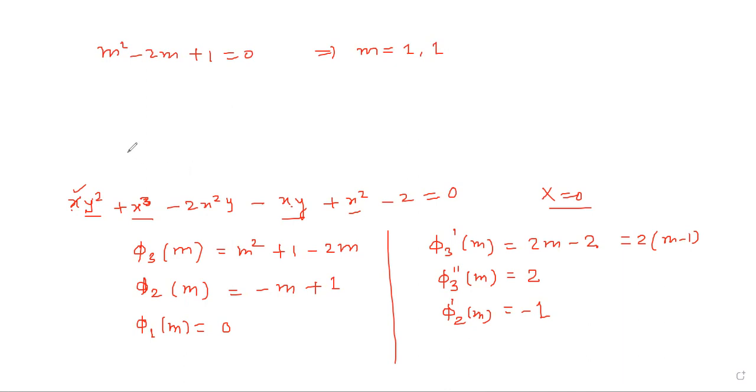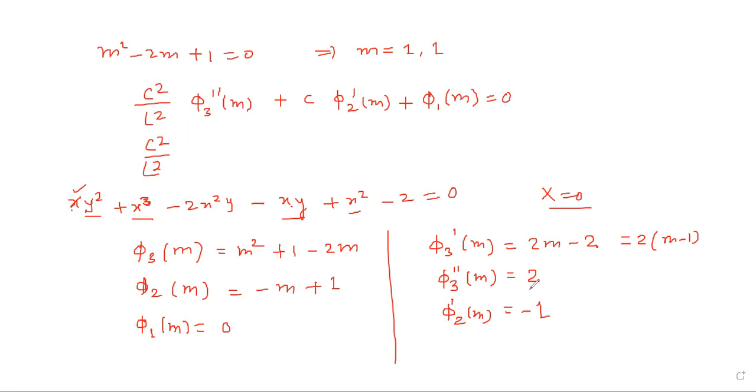So for that, we get the value of c by the formula c square by factorial 2 phi 3 double dash m plus c times phi 2 dash m plus phi 1 of m equal to 0. Now let's put the values. c square by factorial 2 into phi 3 double dash m.